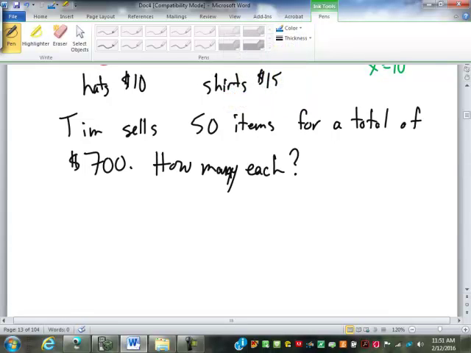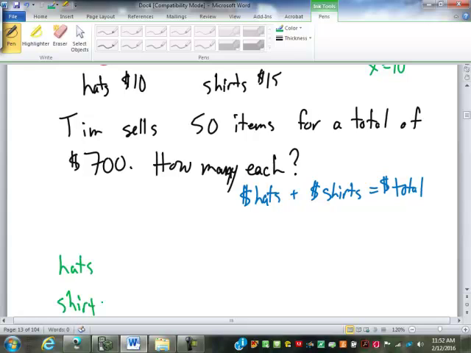So again, we are still dealing with the dollar amount from hats plus the dollar amount from shirts has to add up to the total, the dollar amount total, which will be $700 again. And we're going to describe things the same way again.